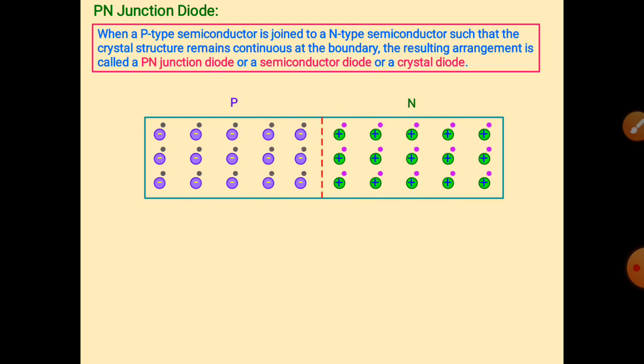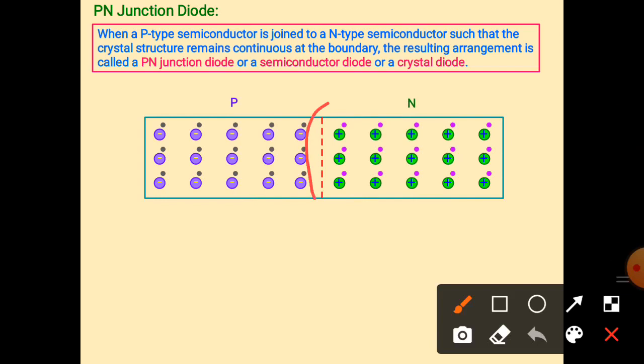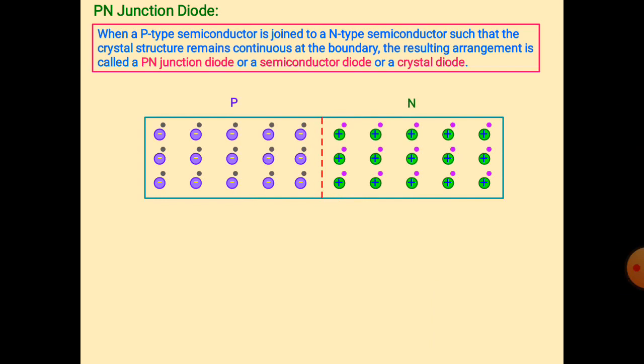Now here we have a P type semiconductor and an N type semiconductor. In between these two semiconductors we have one wall, right? P type means positive, and the positive semiconductor has more holes. N type means negative, and the negative type of semiconductor has a greater number of electrons, right?